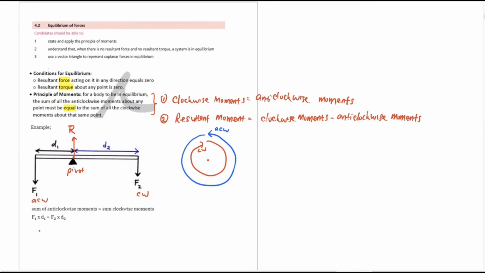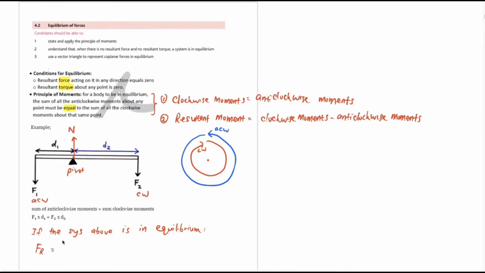Okay, so if the system above is in equilibrium, then resultant force equal to 0. That means resultant force equal to, okay, since I have R there, this one I change to N. I don't want the same alphabet to confuse.